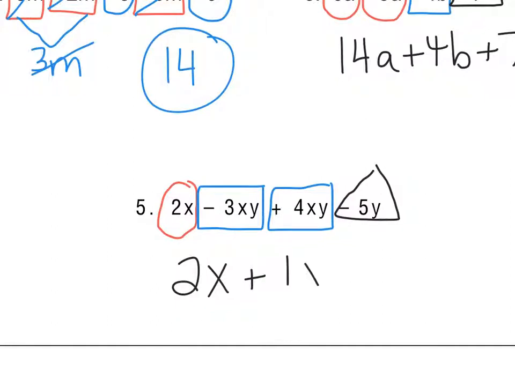You can write it, but I want you to get into the habit of not writing that 1, because when we do things in algebra, a lot of times we won't write that 1. In fact, I'll never write that 1. So when you're working on a problem and you just see an xy, I want you to get into the habit of knowing that that's a 1 there. That's 1xy. So that's our answer.